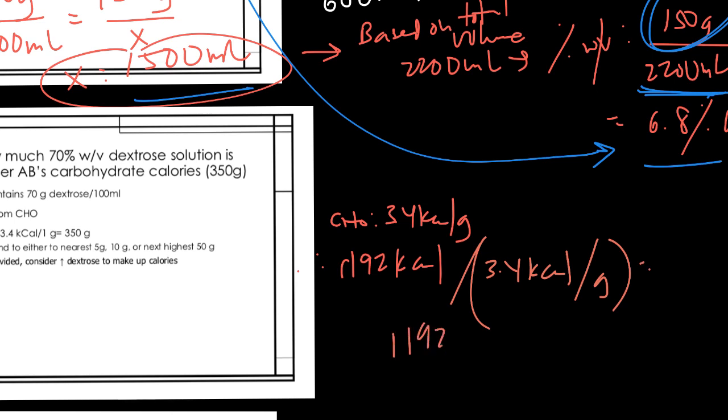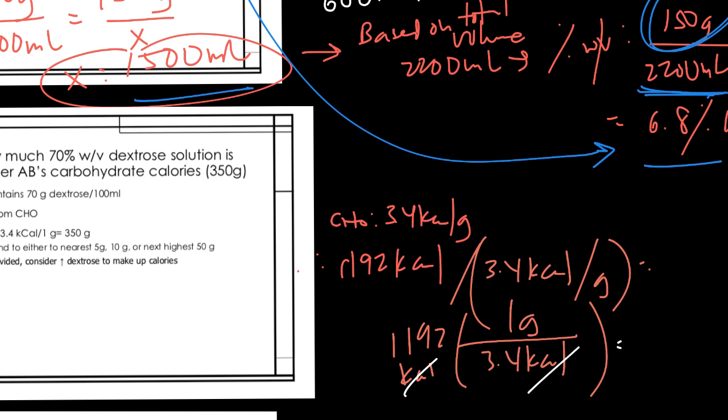So 1192 times 1 gram per 3.4 kcals. Kcals cancel to give you grams. So 1192 divided by 3.4, 350 grams. That checks out. That checks out.